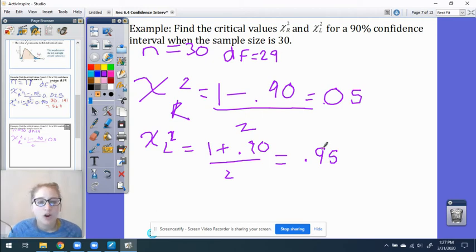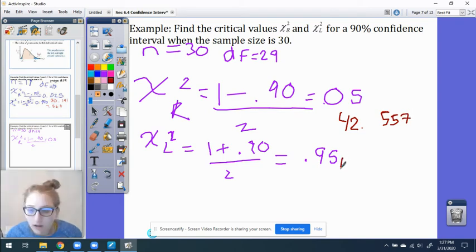All right, and then I'm going to look back to page A19, and I'm going to look over at the top for 0.05, and then I'm going to go down to 29 for my degrees of freedom. And if I do that, I will get, for 0.05, 42.557. And for 0.95, I got 17.708.